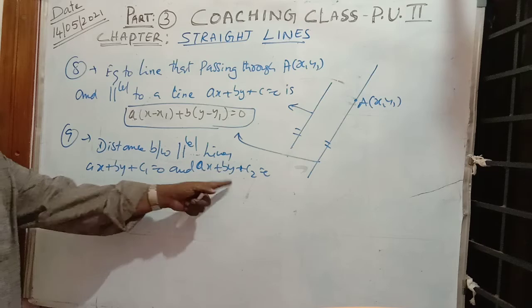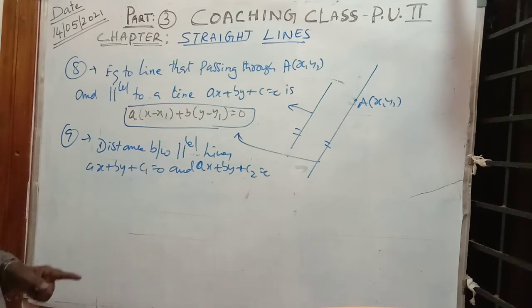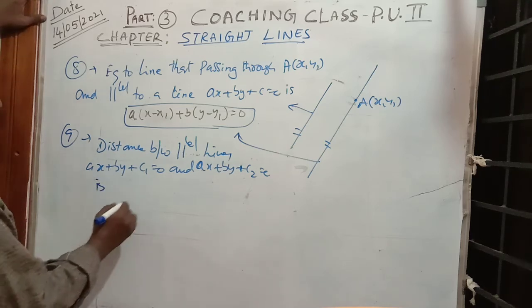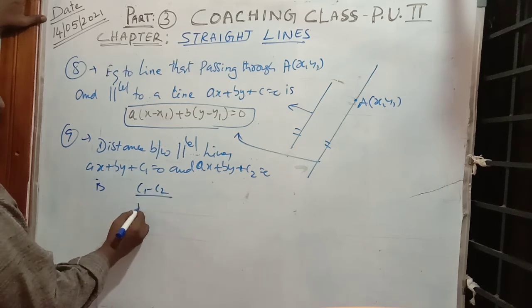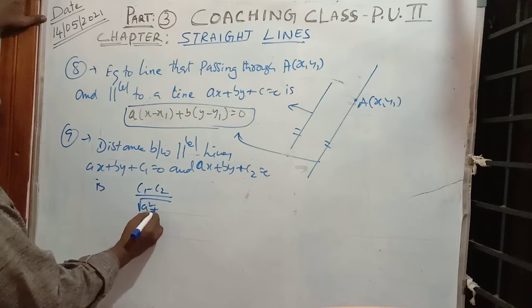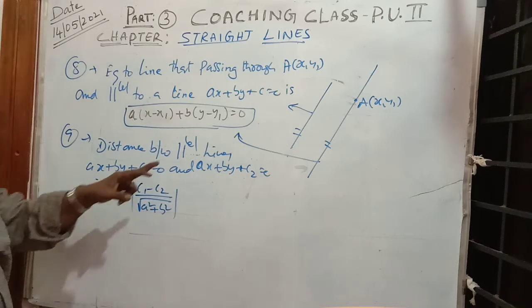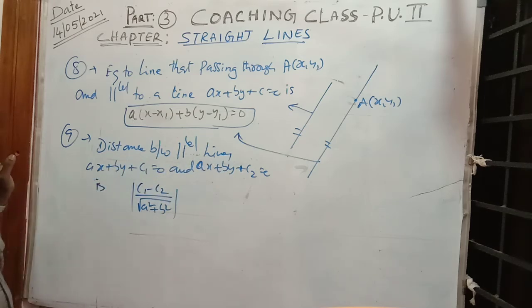Only the constants are different; the coefficients of x and y are the same, then they are parallel lines. What is the distance between these parallel lines? It is |c1 minus c2| by root of a square plus b square. It's a very good concept: the difference of constants by root of a square plus b square.